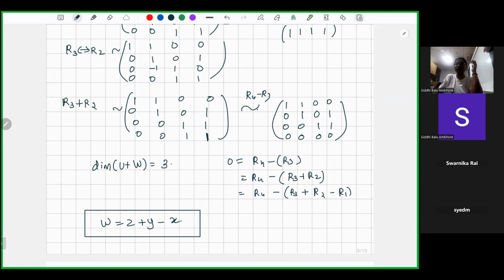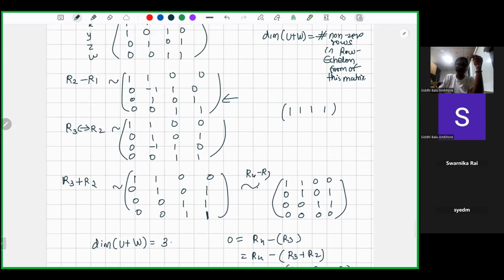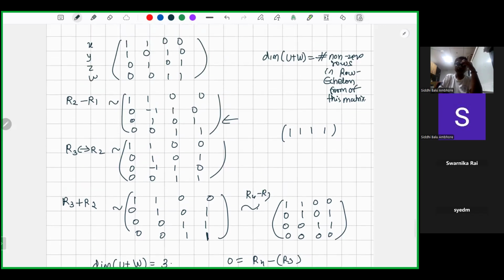Something is 0 means I could write this vector as a linear combination of other three so that I could subtract it. So this R3, the way I got, is actually R4. And how I got R3? R3 I got when I did R2 minus R1, and then I did R3 plus R2.